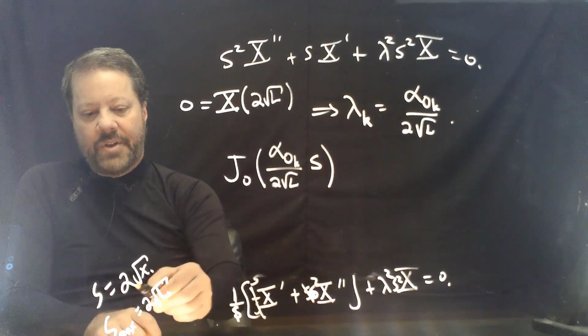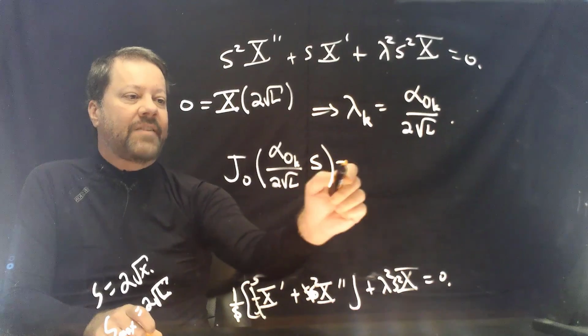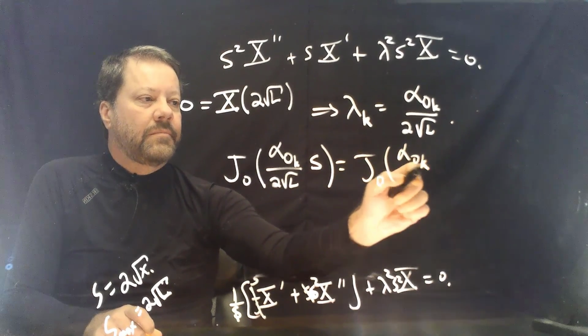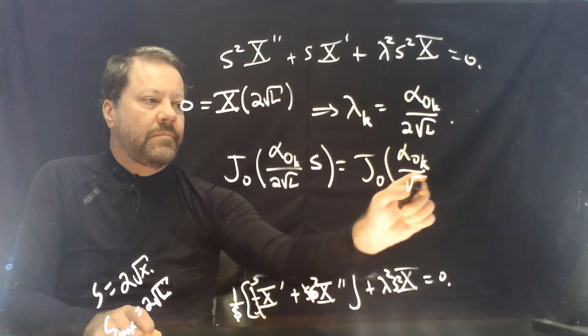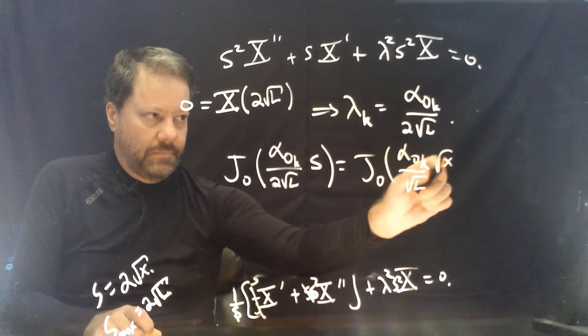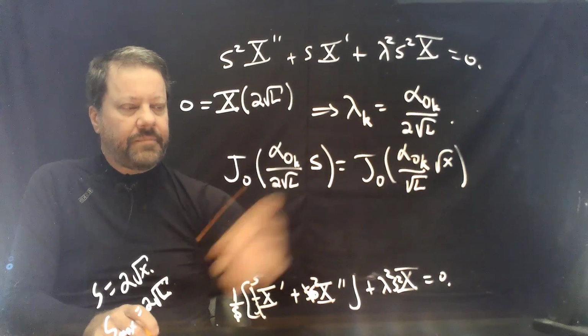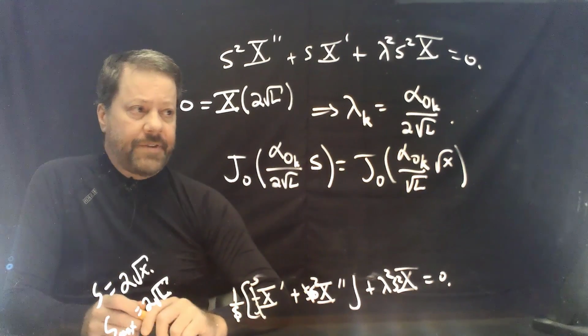But substituting back for s equals 2 root x, we'll have basically a root x over L multiplied by these roots, alpha 0k.